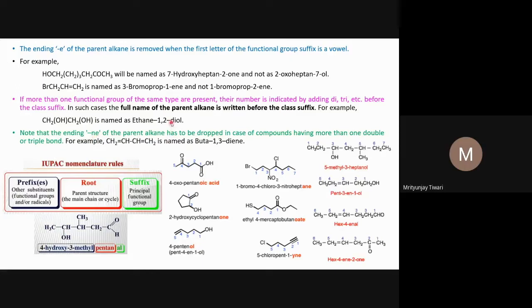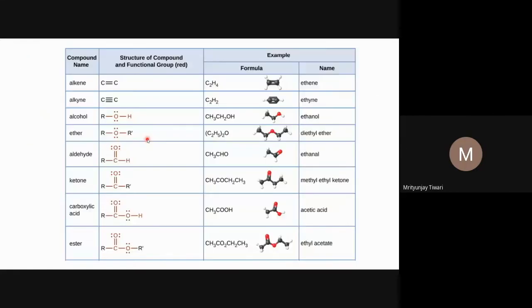We remove only E if the group suffix, or the functional group suffix, starts with a vowel. And in the case where there was only one double or one triple bond, the Ane we have removed. The examples we have seen earlier here.